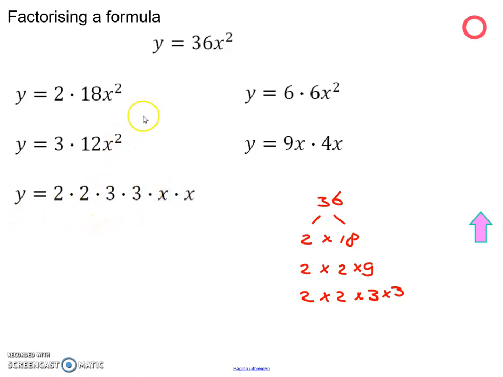And now I've written the original formula as a product with as many factors as possible. So this is called factorizing. And again, we do not use the factor 1, because when we do this, you can continue writing down times 1 times 1 times 1. Then there are way too many factors possible. So we do not ever use factor 1.